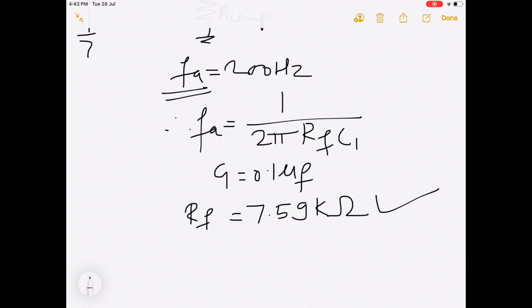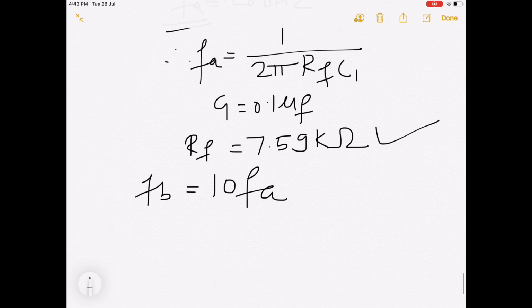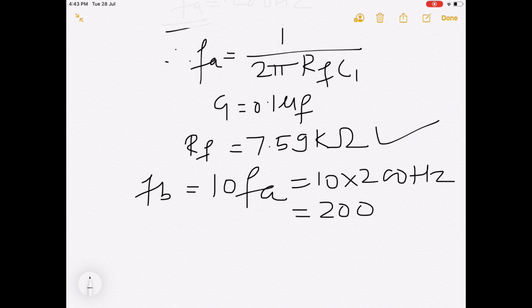Then let us select FB. Always FB should be 10 times FA, so that you will get effective differentiation. 10 times FA, and FA is 200 hertz, so it becomes 2000 hertz, which means 2 kilohertz.